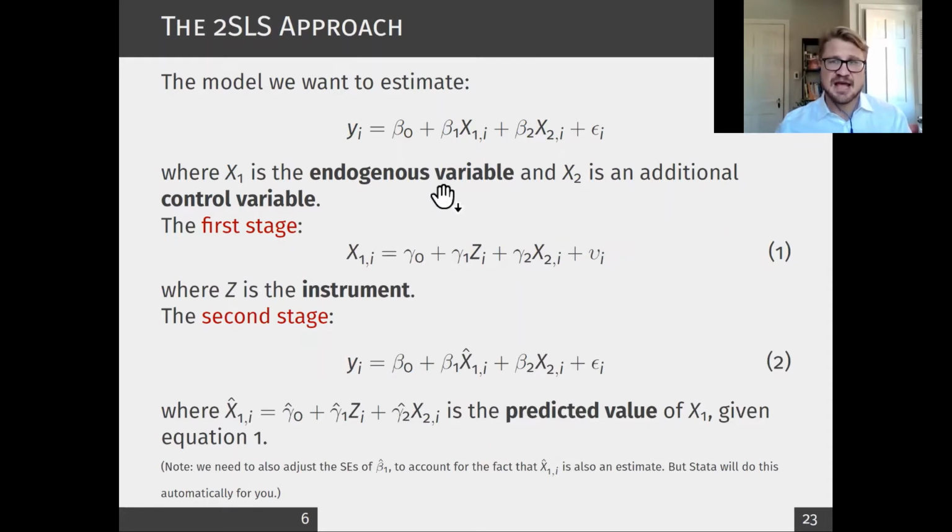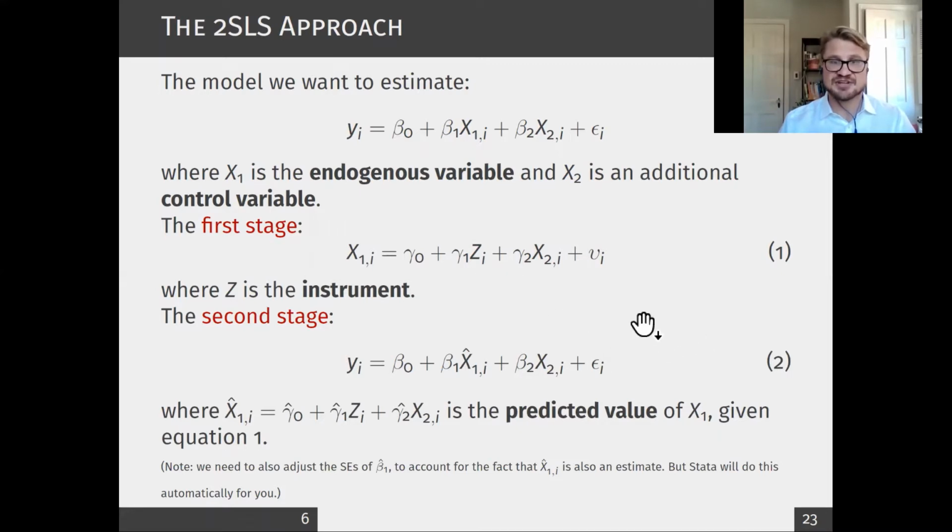Basically, what is our best estimate of what X1 is, given what we observe in our instrument and our additional control variable? Then we replace our endogenous variable with this restricted, reduced version of the endogenous variable, which is this predicted value of our endogenous variable, given what we observe in this plausibly exogenous instrument.